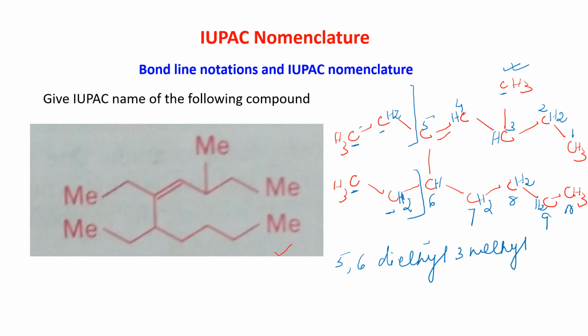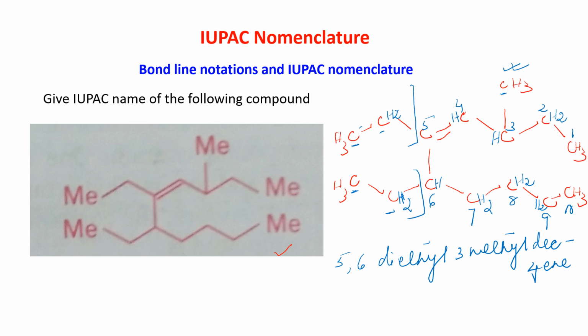How many carbon atoms? 10. So it will be dec. In the 4th position there is a double bond, so 4-ene. This will be the name of this compound: 5,6 diethyl 3-methyl dec 4-ene.